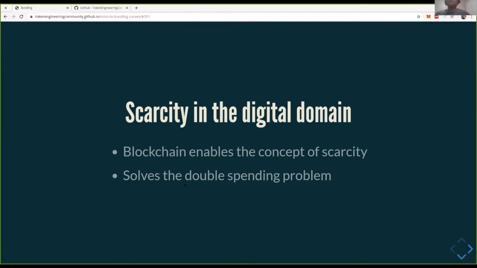A classic example of this is having an apple. It's unique, it's in the real world. If you take a picture of that apple and put it in the digital domain, it is no longer guaranteed that it is unique. It can be copied, shared, spread. And blockchain introduced a mechanism to solve this double spending problem of being able to use a token or something of value more than once.